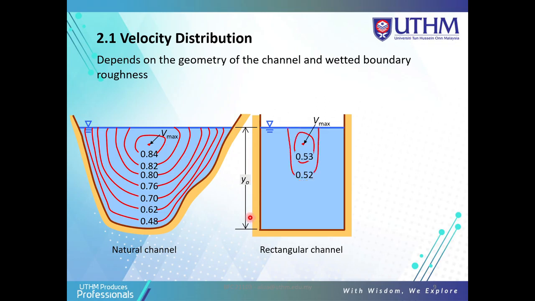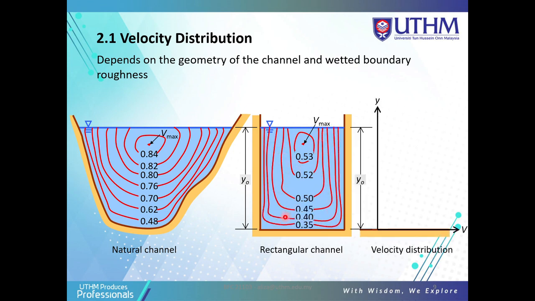The contour lines show the velocity distribution. So velocity distribution depends on the channel geometry and wetted boundary roughness, and this must include y naught also.